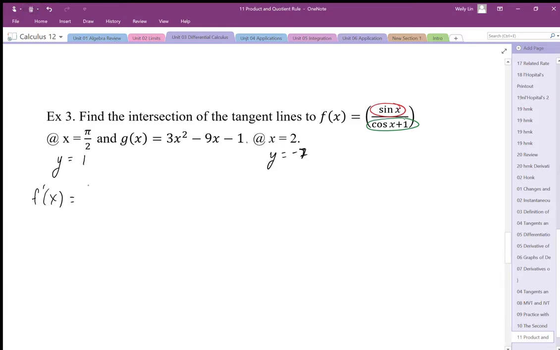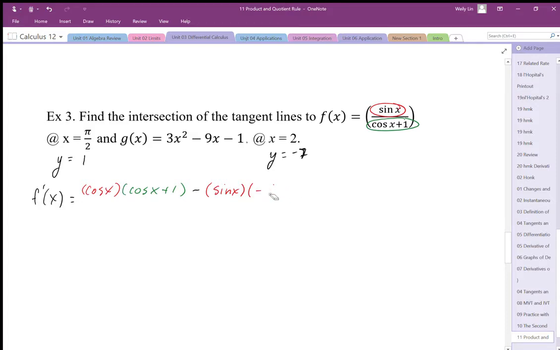I differentiate the top, and I don't differentiate the bottom, so that's cos x plus 1, minus the top, so sine x, undifferentiated, times the derivative of the bottom, which works out to be negative sine x.